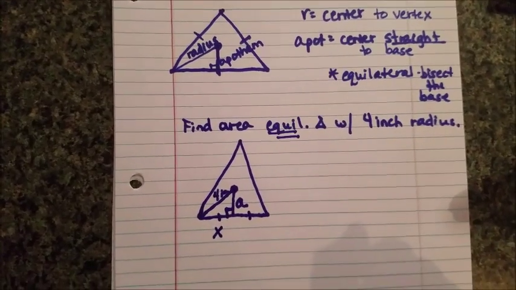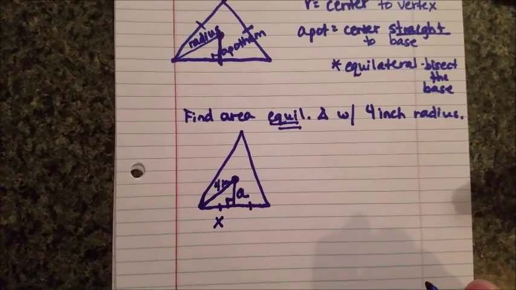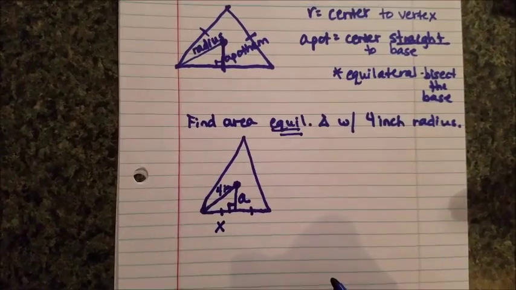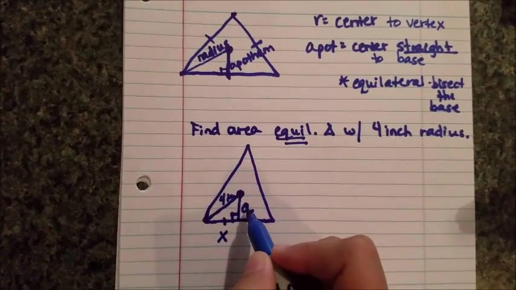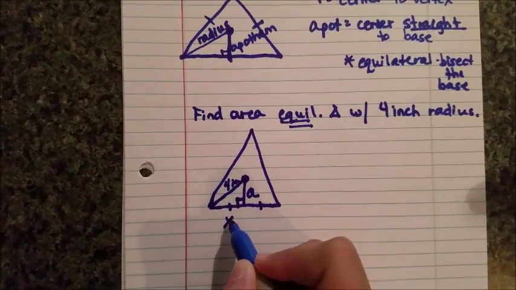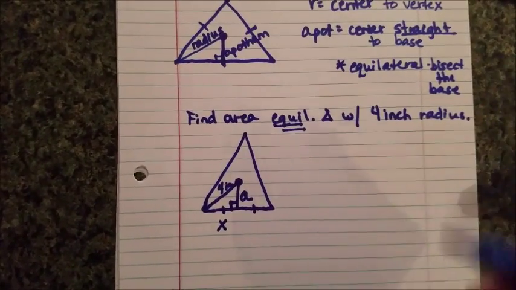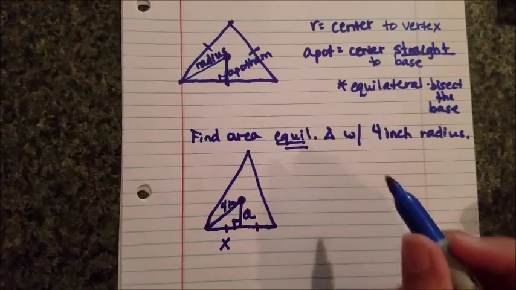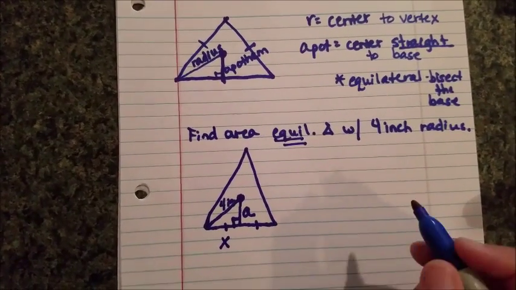Okay, so then the question becomes, well, what in the world do I do with this? How in the world can I possibly find what the A or the X is? Well, it's one more thing that we need to know about equilateral triangles and how special they are.